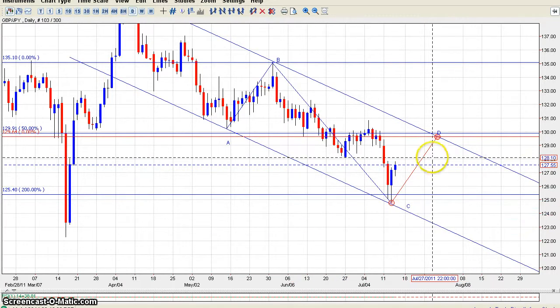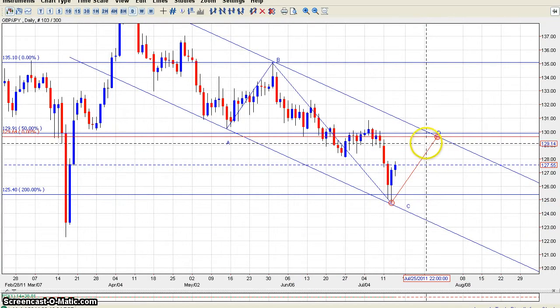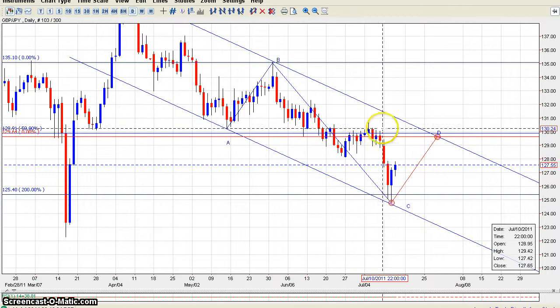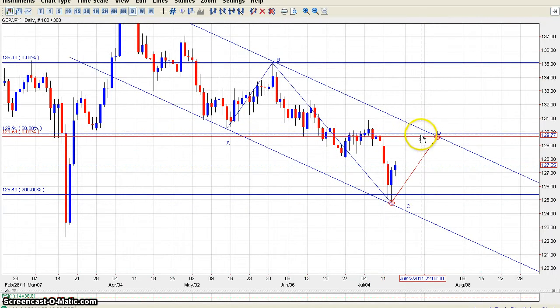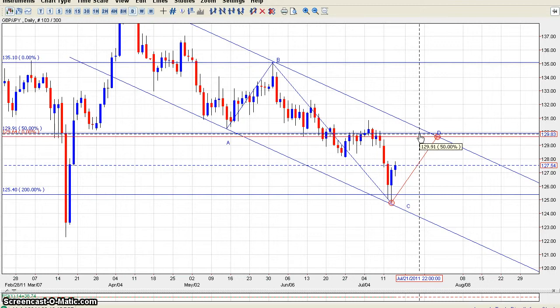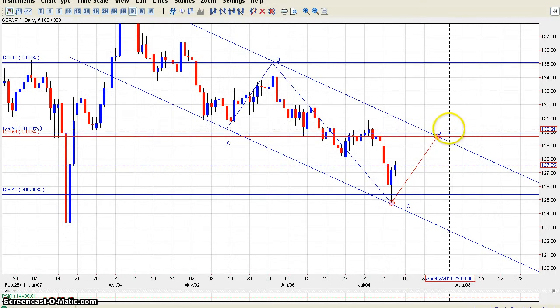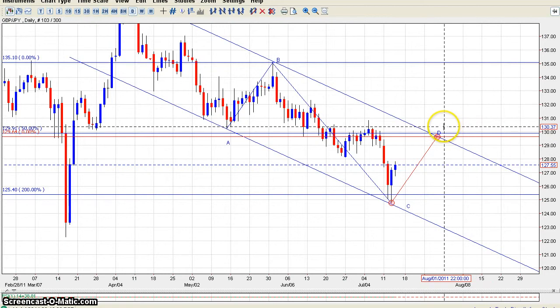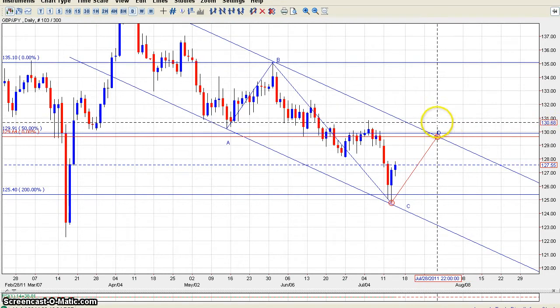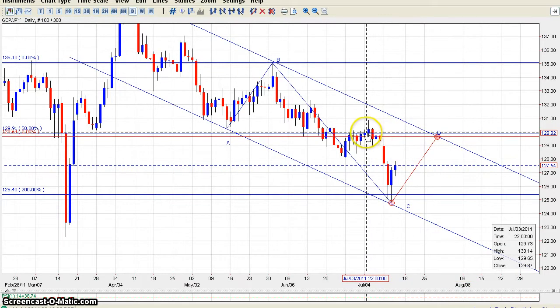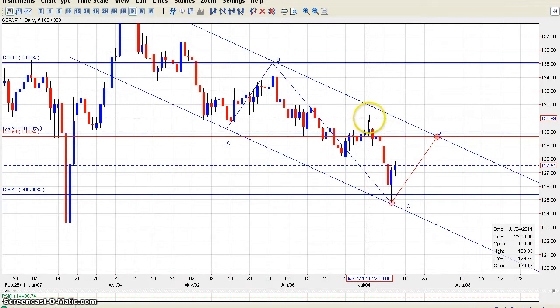So I'll put an entry level at 129.70, and ideally the stop loss should be above this trend line. In this case, I'll take on a lot of pips for my stop loss. So I put my stop loss above this doji here, at 131.